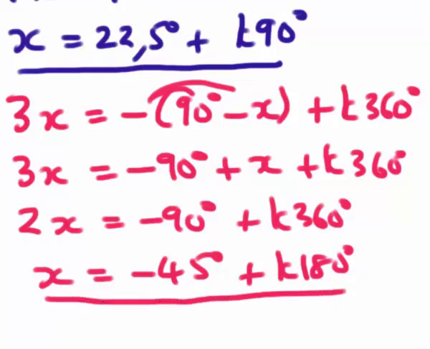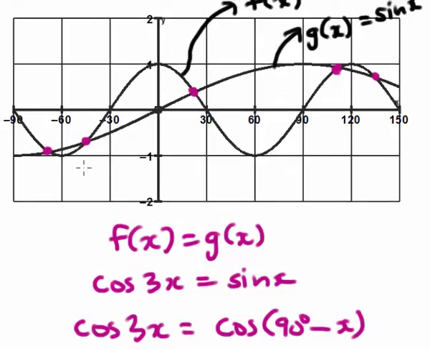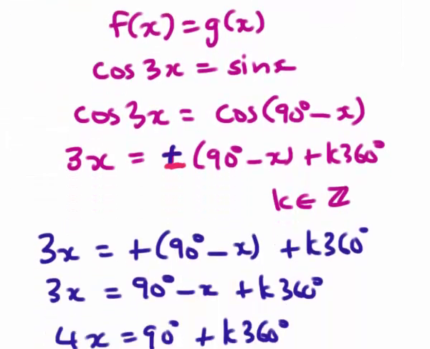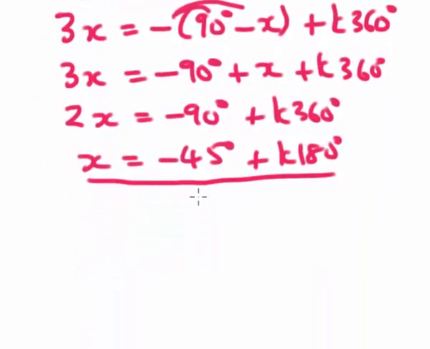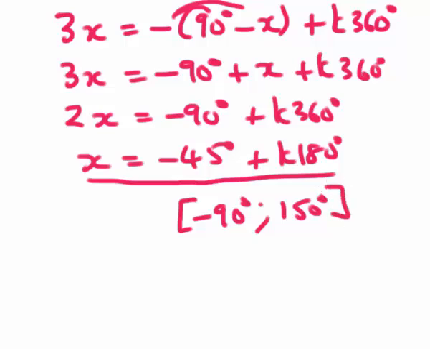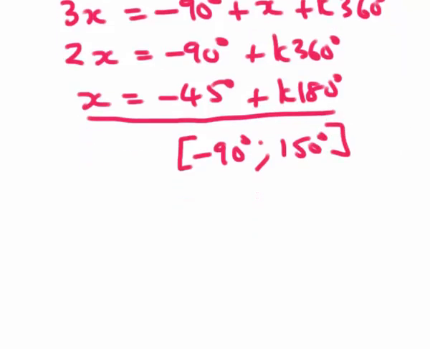Okay, now we want to get the exact angles or the points of intersection. So we need to draw up a little table, and remember our restriction goes from minus 90 to 150. Let's go to some values for k.